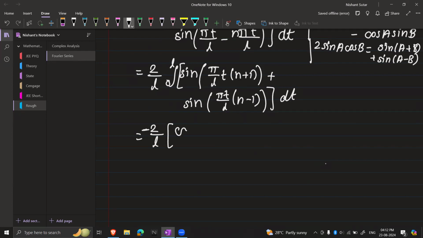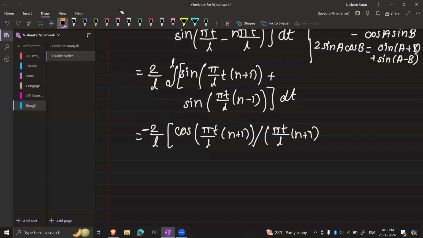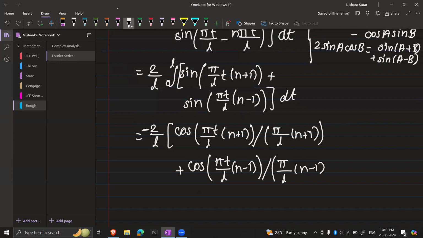So we have cos of pi t by L into n plus 1 divided by pi by L into n plus 1, plus cos of pi t by L into n minus 1 divided by pi by L into n minus 1. And now we put in the range, 0 to L.